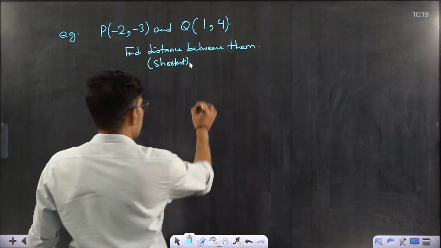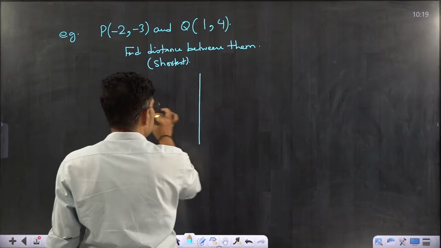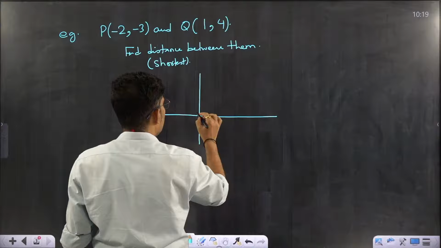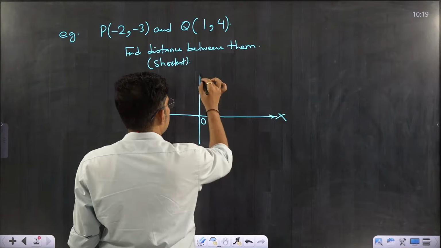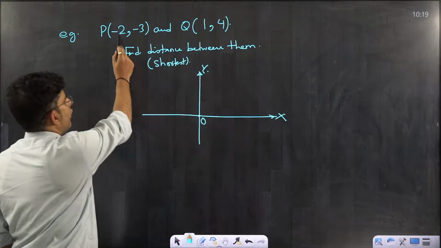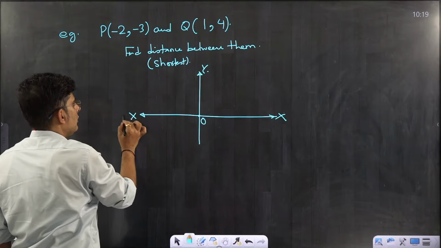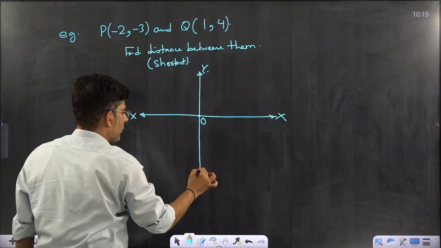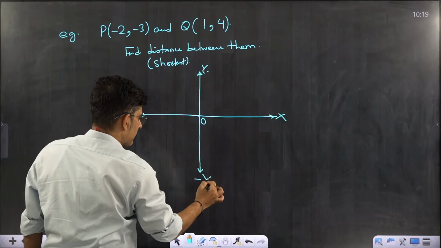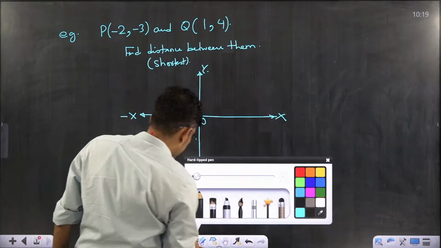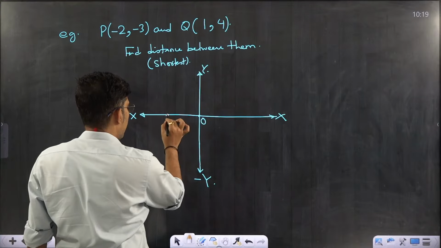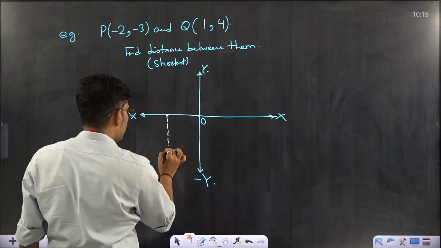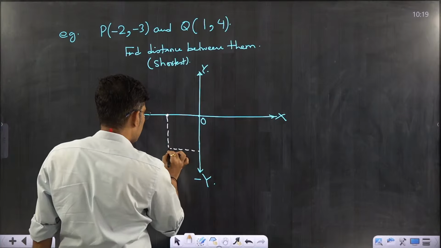What we are doing actually is, you all know that yes, we are using the distance formula, but what distance is it actually? Let me show it on the graph, this is x and y. If you see the coordinates of P and Q, you will understand which one is negative and which one is positive. The point P has both coordinates negative, -2 and -3, so it will be somewhere here.